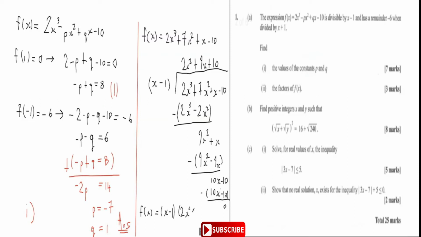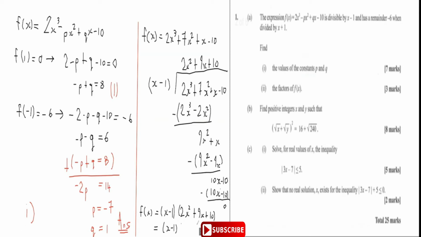And then we can go ahead now and factorize this quadratic factor of f of x. This is now easy to factorize. So we're finally almost finished. So we're going to factorize the quadratic portion of it.